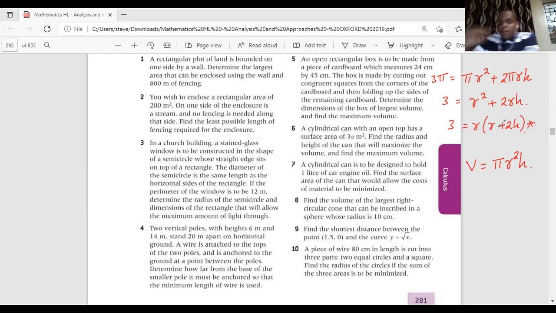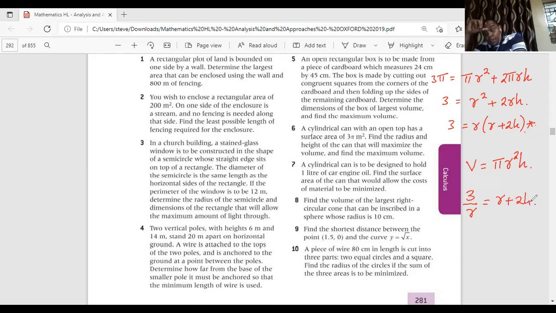Okay. So I have 3 equals r times (r plus 2h). You can see that I could write the equation star. I could say 3 divided by r equals r plus 2h, right?